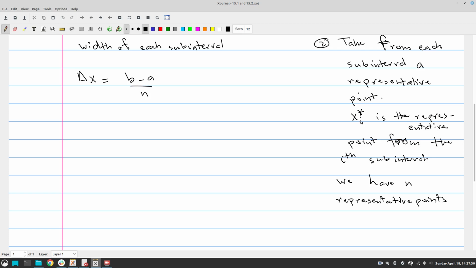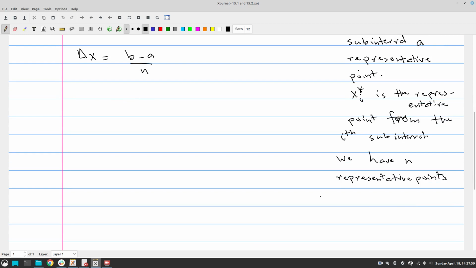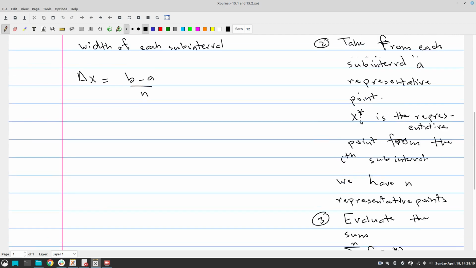After you've done that, you evaluate the sum from i equals 1 to n of f of xi star times delta x, where xi star is in the interval between x(i minus 1) and xi. Here you let a equal x0 and b equal xn.